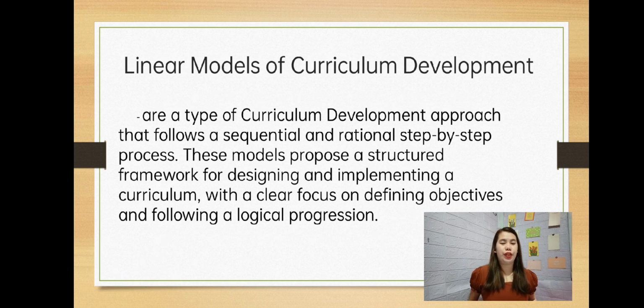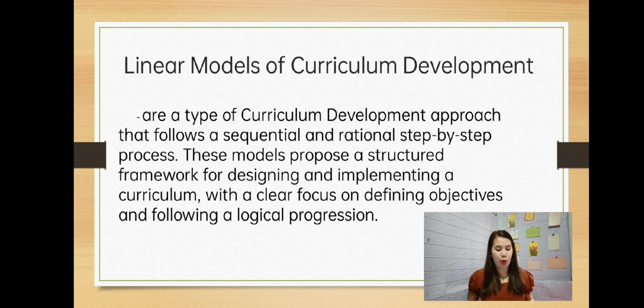Earlier, I mentioned that there are three categories of curriculum model. First is the linear models of curriculum development. Linear models are a type of curriculum development approach that follows a sequential and rational step-by-step process.